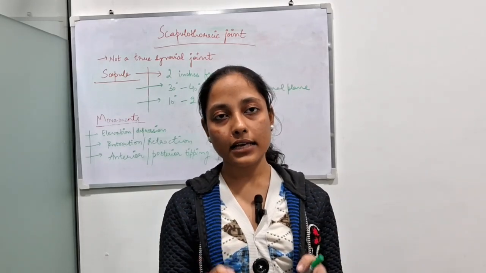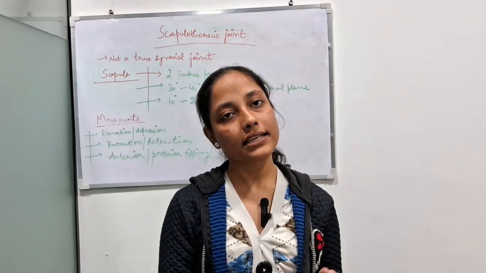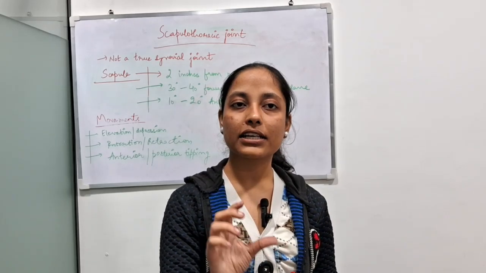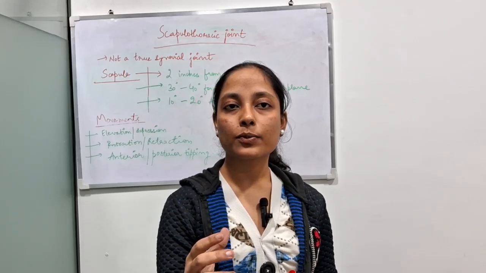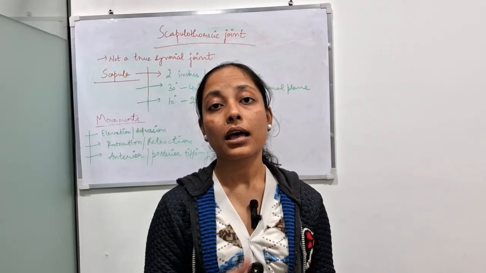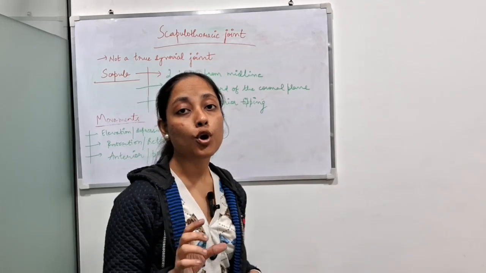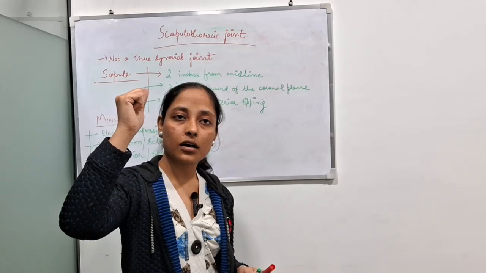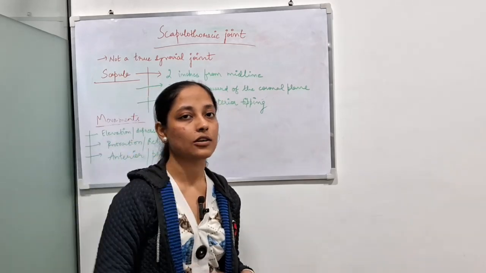So it is there to provide mobility as well as stability. It might also be possible that if the glenoid cavity is not moving along with the movement of the humerus, then obviously the range of motion will be restricted. But along with that, there would also be instability, and with the movement of only the humerus, it might dislocate.